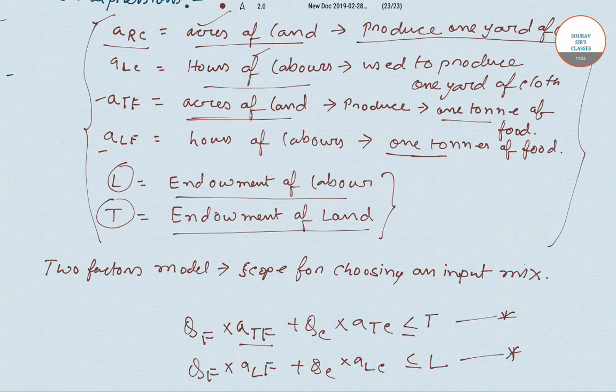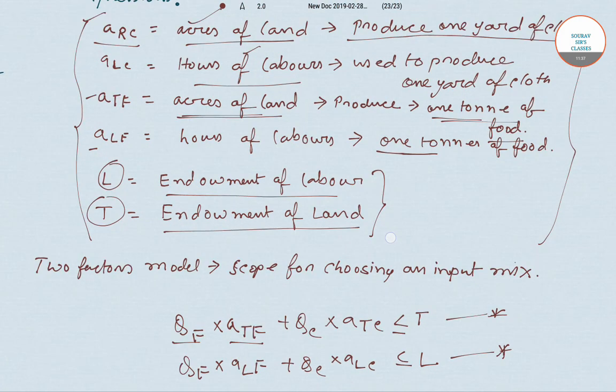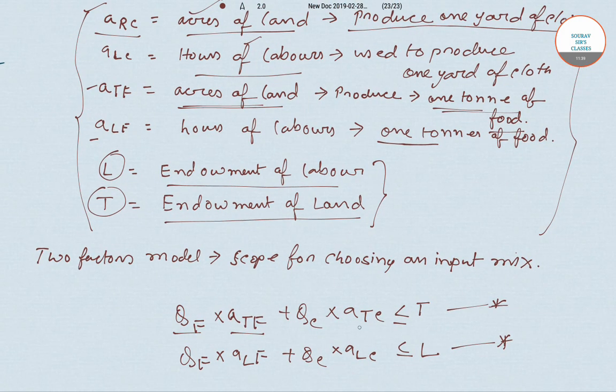ATF, which is the acres of land to produce 1 ton of food, into the quantity of food that is produced, plus QC into ATC, the acres of land needed for production of 1 yard of cloth, which must be less than equals to the endowment of land.